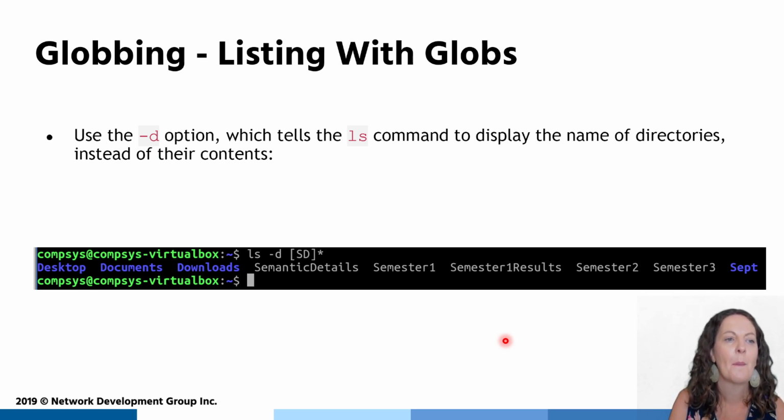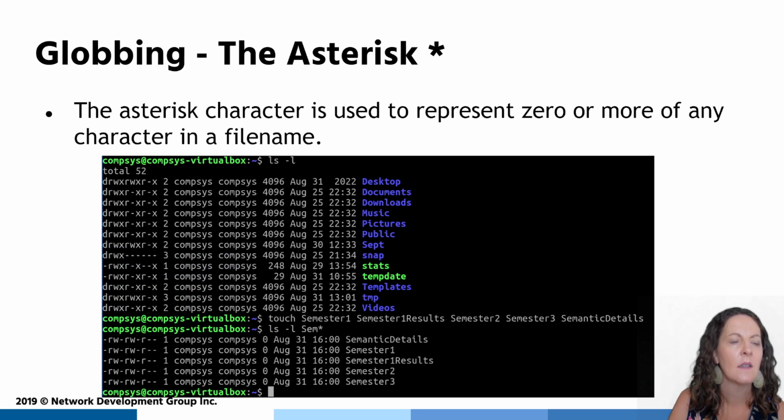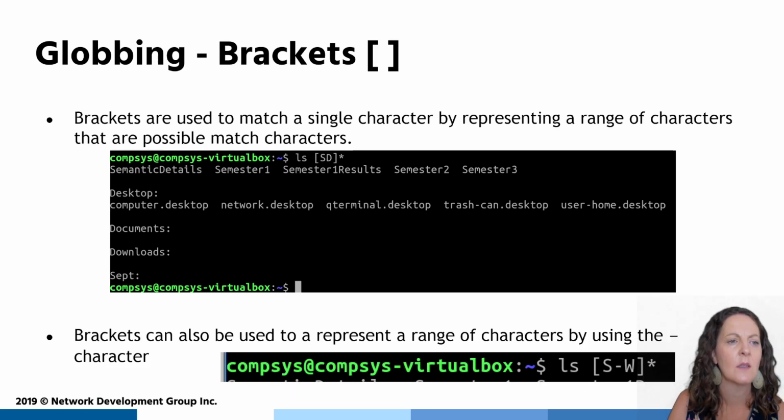Listing it, your -d option says display the names of directories instead of their contents. So you can see, if I go back up just a level or two, this one wasn't the one I'm looking for. So when I just did an ls, list any files, which can be directories, that begin with capital S or capital D. It doesn't matter how many characters are after it.